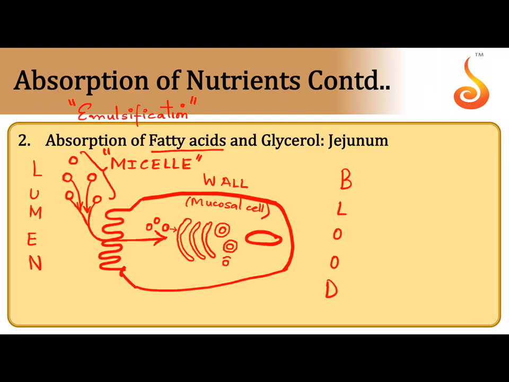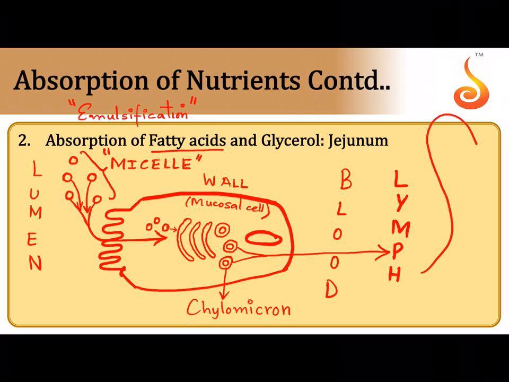These fat droplets covered with protein are referred to as chylomicrons. So micelles get converted into chylomicrons, and chylomicrons do not enter into the blood, they enter into the lymphatic vessel. So remember, the chylomicrons are not entering into the blood, but they go into the lymphatic vessel.